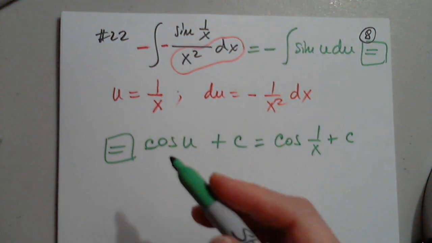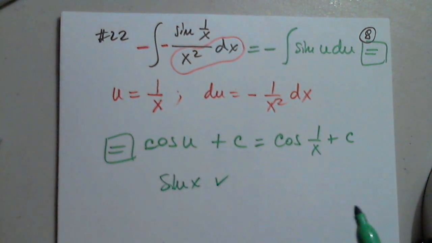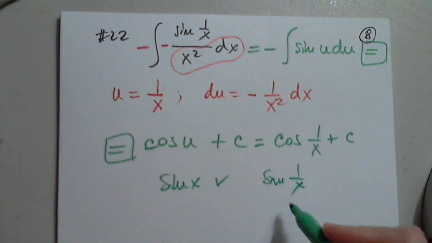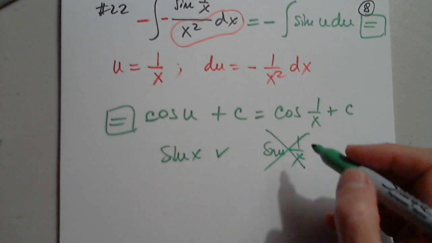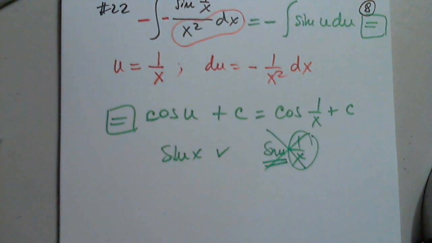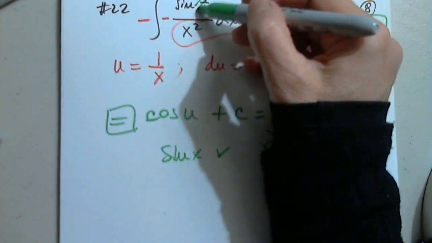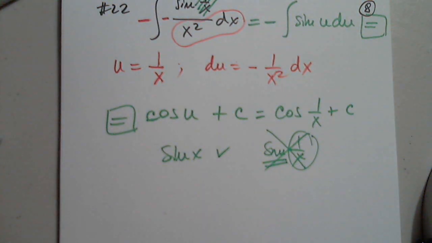If you say sine x, I'm fine with it. But if you say sine 1 over x, I'm not fine with it. Why? Because it's a function inside sine. That's why I'm not okay with this. I'm okay with this, but not with this. So that's why we denoted 1 over x by whatever. Awesome.